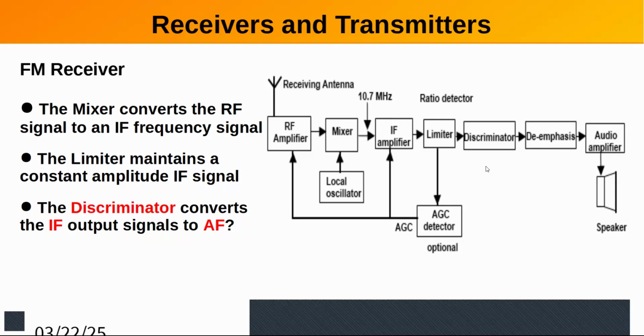Maybe we're talking about the same thing differently. Typically a discriminator is for FM detection. Right. And the discriminator circuit has limited linearity. Therefore, the limiter is typically needed to keep the discriminator at the proper operating point.